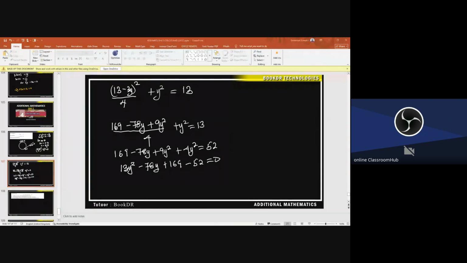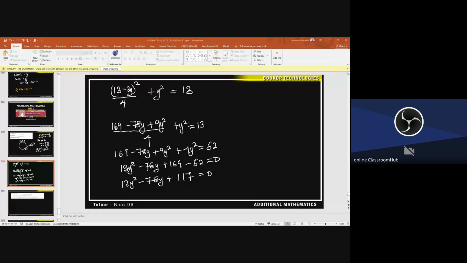Okay. So let's perform the subtraction. 169 minus 52, that's 117. So we have 13y squared minus 78y plus 117. We'll check whether a number can divide through, so that will simplify the expression a little bit further. So 13 can divide through.